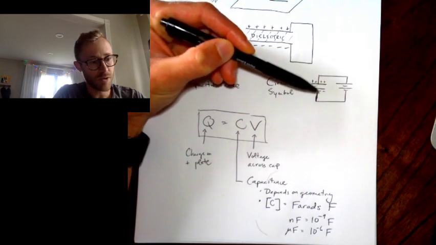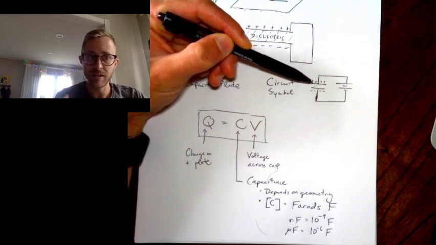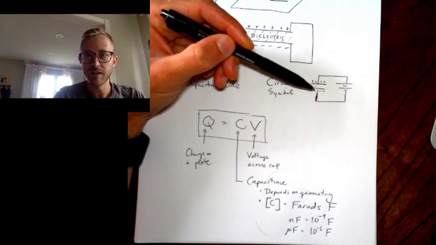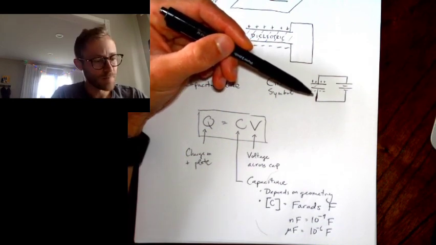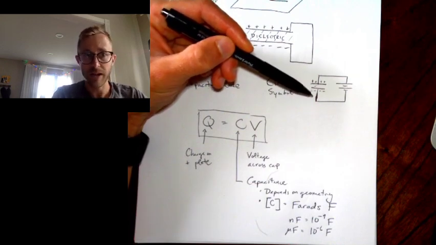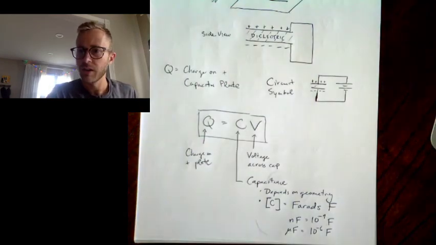So if the positive plate has a charge of +1, then the negative plate is going to have -1. So they have equal and opposite charges.